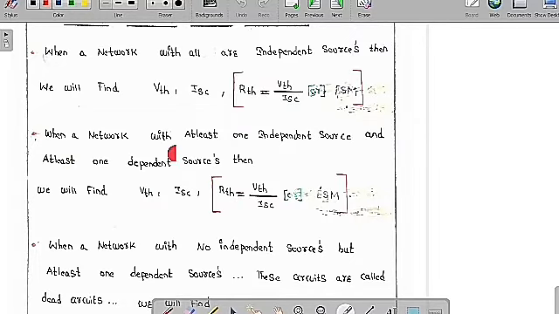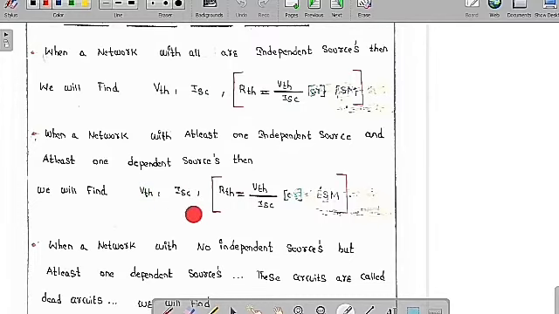Suppose a network has at least one independent source and at least one dependent source. Suppose you take any complex circuit with at least one independent source and at least one dependent source, then we can find VTH. VTH means just take the voltmeter across the terminals A and B, and you will get the value of VTH.